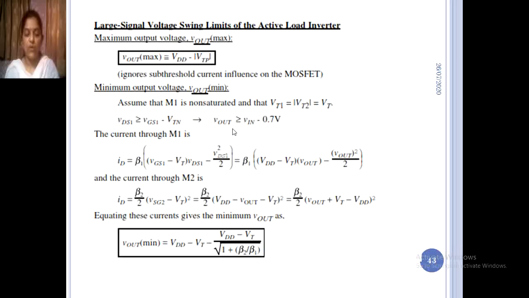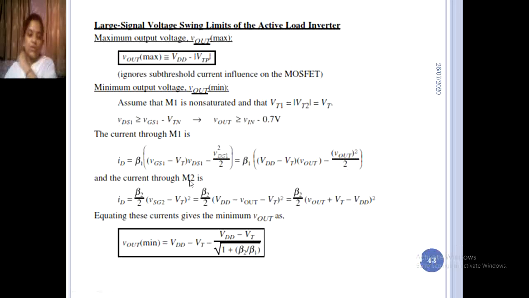The current through M1 is given by ID equals beta into VGS1 minus VT into VDS1 minus VDS1 squared divided by 2. We put the value of VGS1, that is VDD, and VDS1 as Vout, giving Vout minus Vout squared by 2.